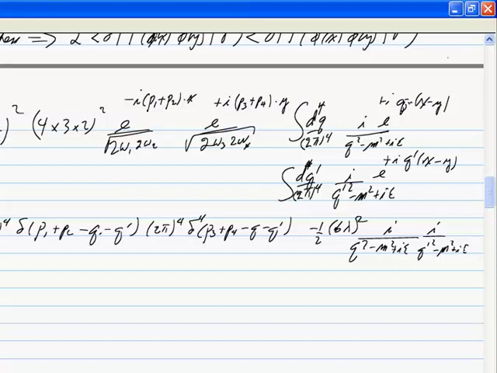Okay, so we're reducing it now. And all those square roots are 2 omegas. Well, okay, now what you see is obvious. You can do the q′ integration. We've got momentum conservation at each vertex. The q′ integration can be done.